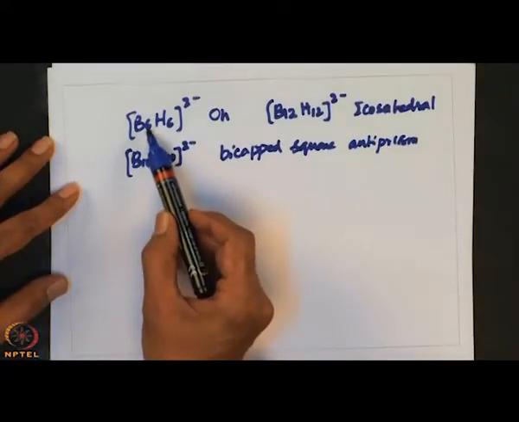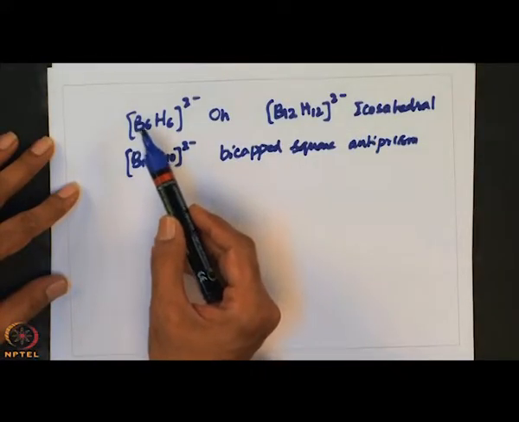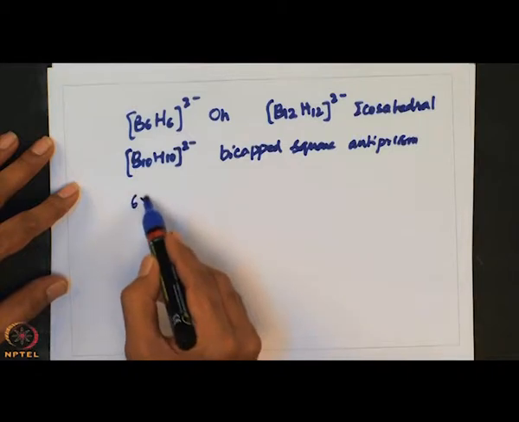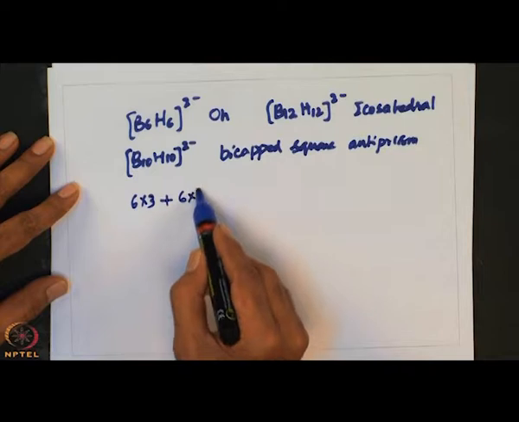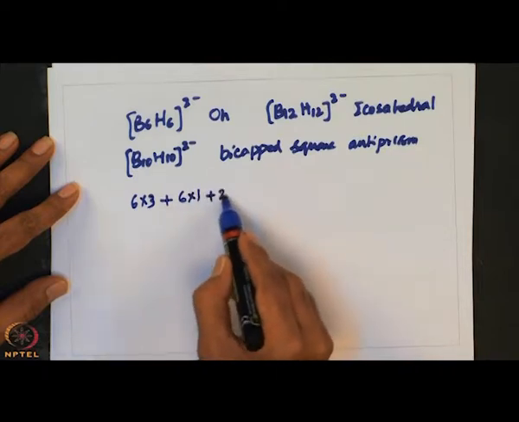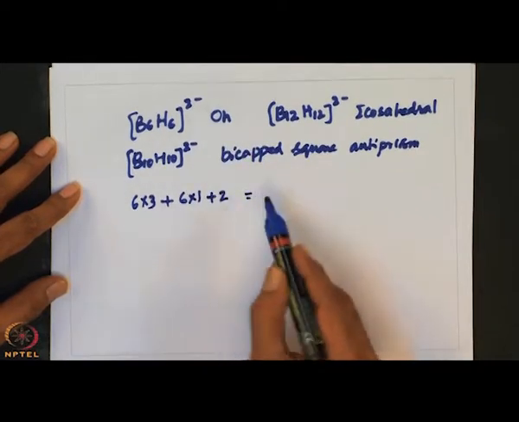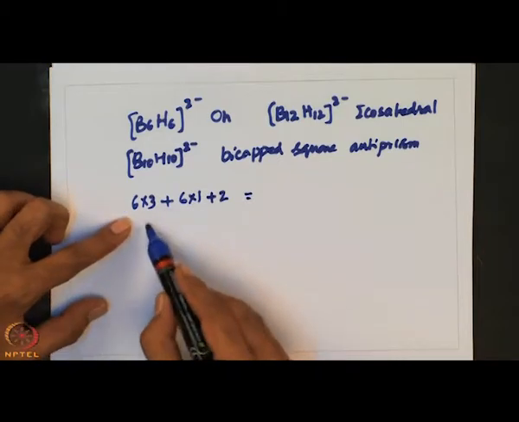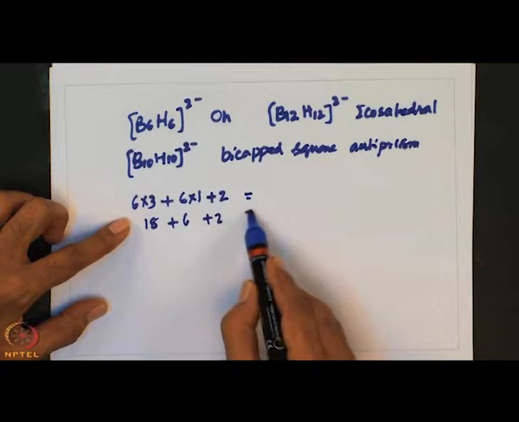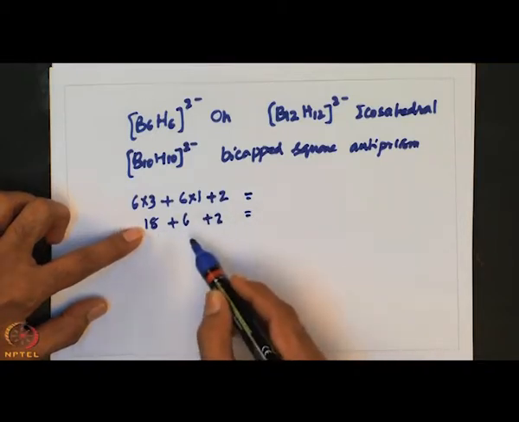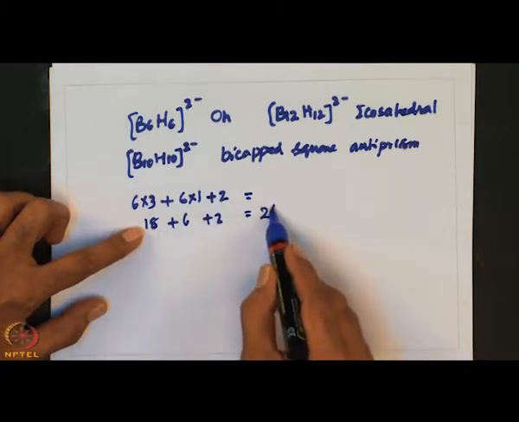Okay. Let me start with B6H6 2 minus. Let us start counting the electrons. So, 6 boron atoms are there, each one giving 3, as a result 6 into 3, plus 6 hydrogen atoms, each one will give 1, plus 2 negative charges should be added. So, what we have is 18 plus 6 plus 2, that means 26 electrons.